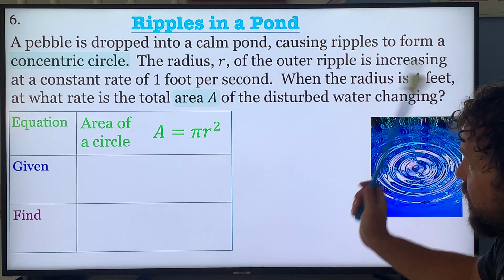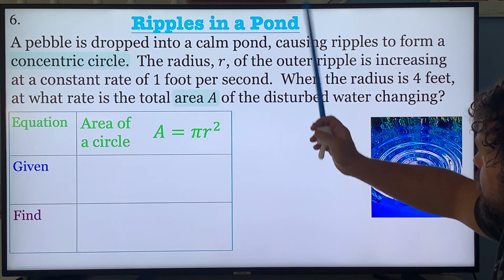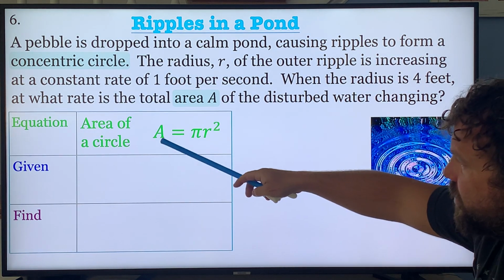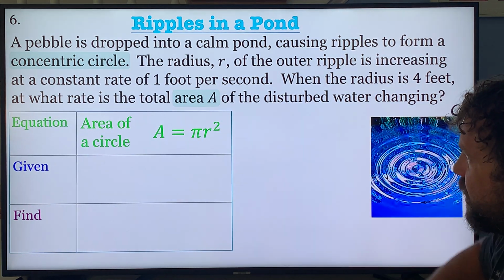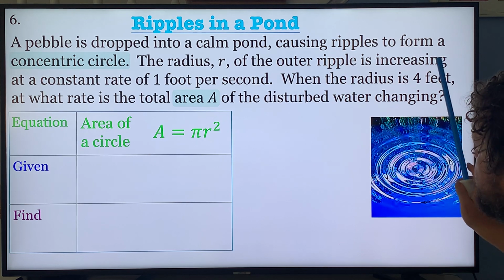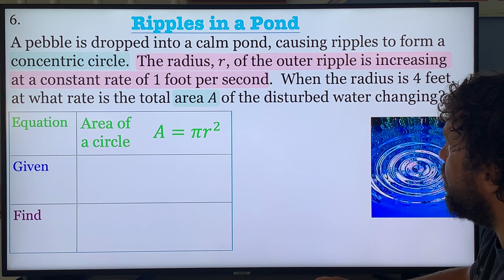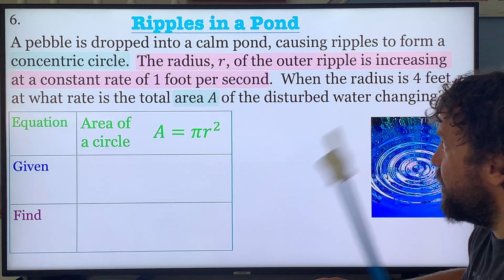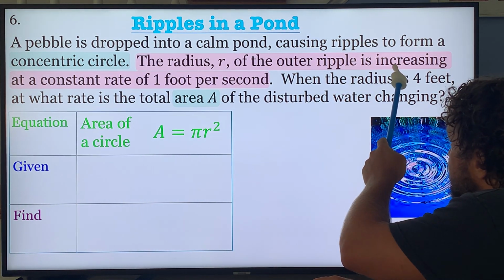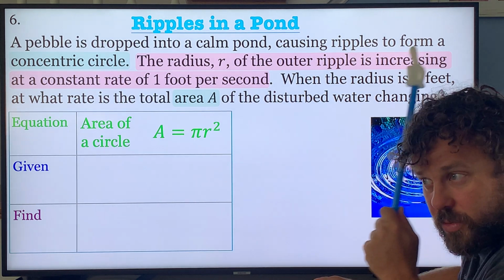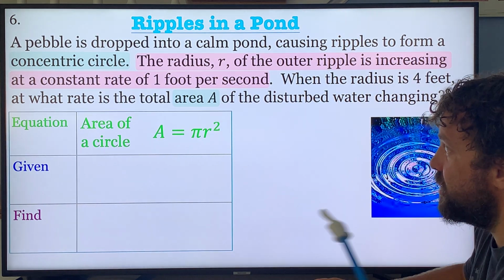Good. Let's see, what am I given here? Pebbles, pond. That doesn't help me. So I'm looking for things involving area, involving radius. So let's go: radius of the outer ripple is increasing at a rate of 1 foot per second. Now, here's the key. Increasing in your mind should trigger the word what? Rate.